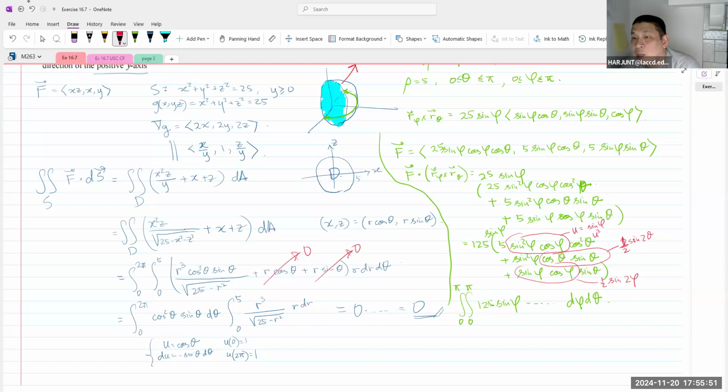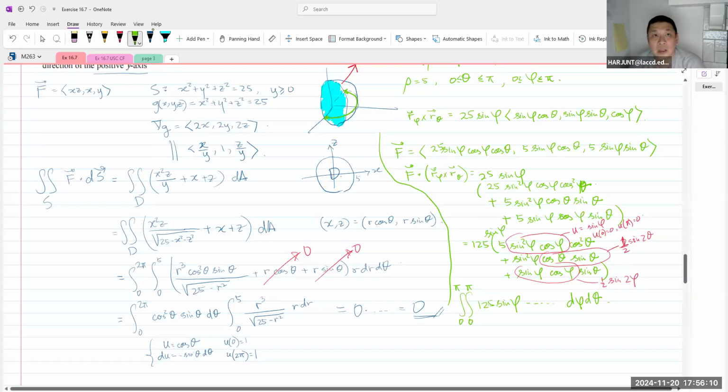But then the limits of integration will be from 0 to 0, since u at 0 is 0 and u at pi is also 0. In other words, when you integrate this ugly thing, it will eventually become 0 anyway.